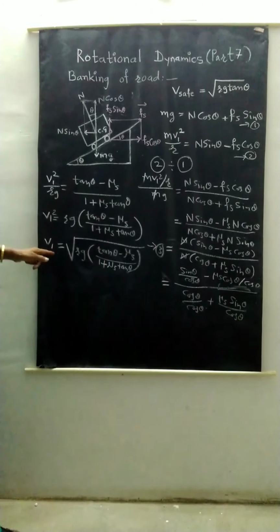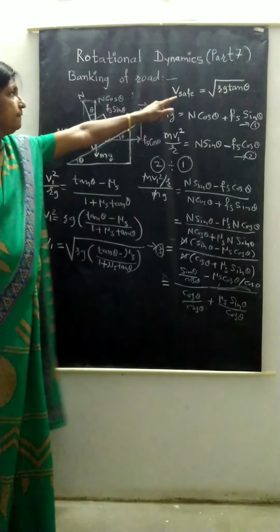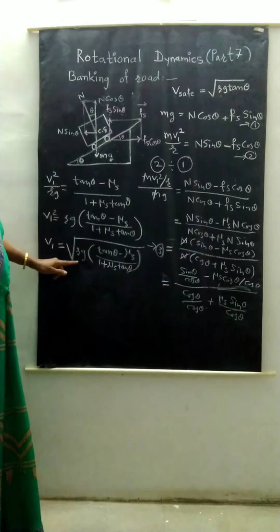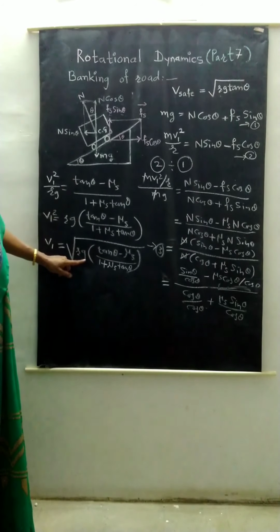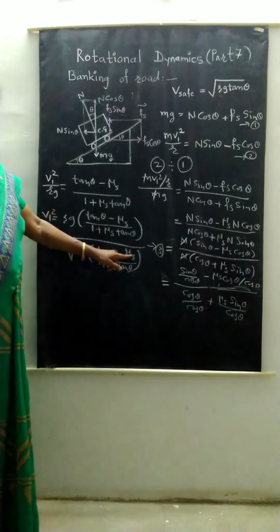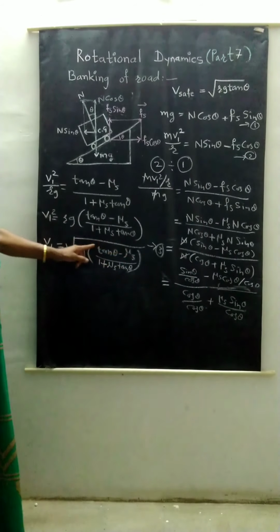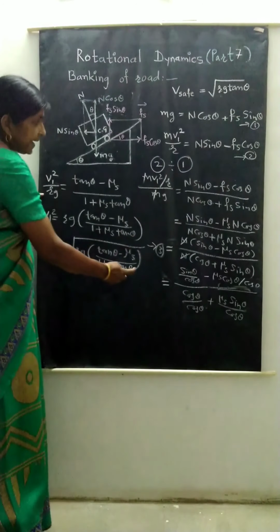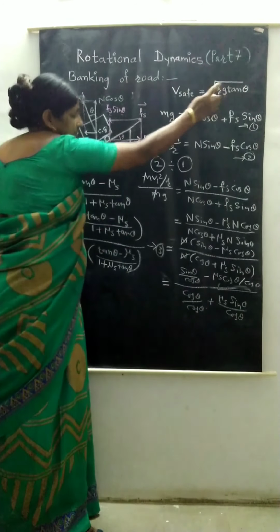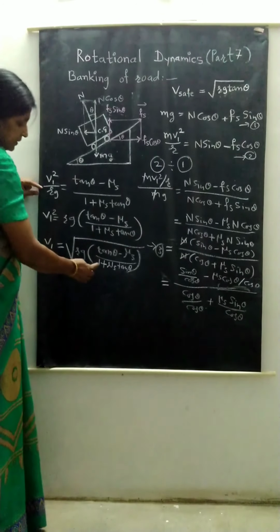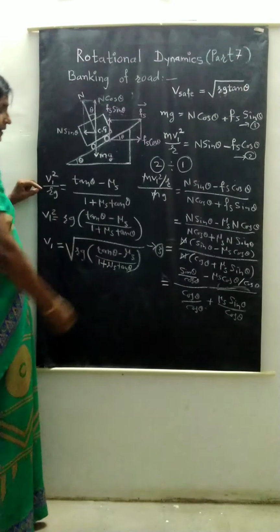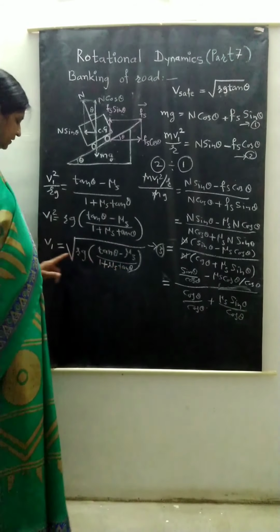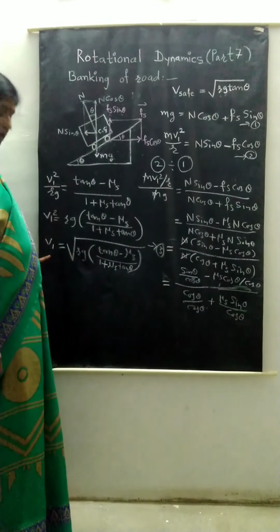Now if we compare this equation and the V safe equation, then you are observing that in the numerator there is tan theta minus something, means the numerator has been decreased. On the other hand, in the denominator there is 1 and here there is 1 plus mu s tan theta, means the denominator has been increased, so that the value of V1 will decrease.